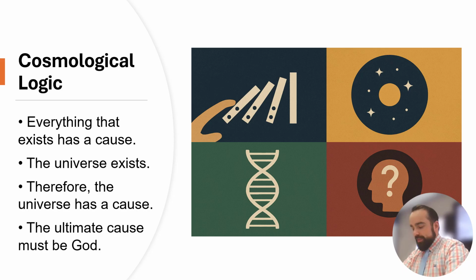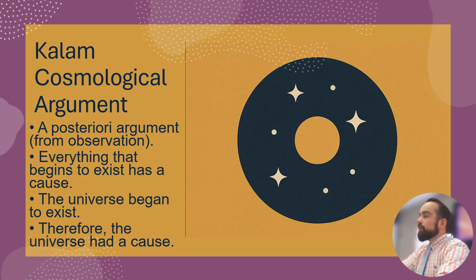One of the ways to work this out, and this has recently been repopularized by William Lane Craig. So when I say recently, this is like in the last 40 years. But in the world of philosophy, that's fairly new, fairly recent. Originally, the cosmological argument was developed by a Muslim. He was a Muslim apologist arguing for Allah being the true God.